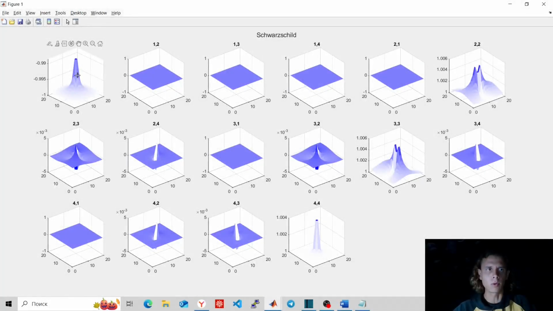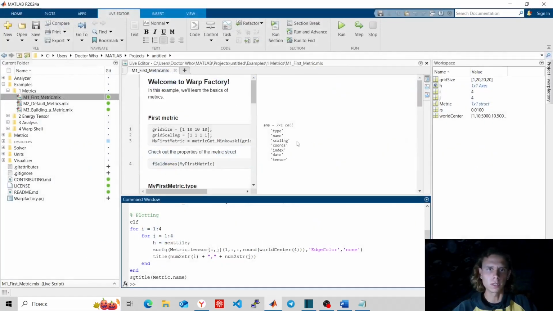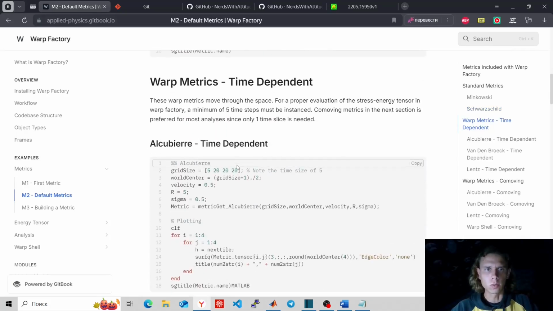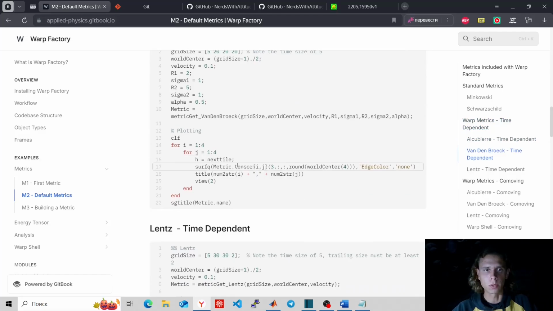So these are the components of my metric that have been plotted, and here they are. Well, it's hard to make sense from this. Let's continue our exploration.